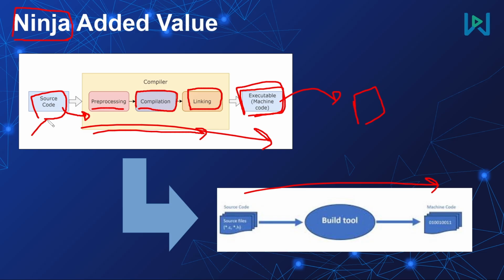So instead of processing the different sources one by one, we can just provide the whole project to our Ninja-based build system, and then the build system will automate the flow of compilation and generation of our final binary.